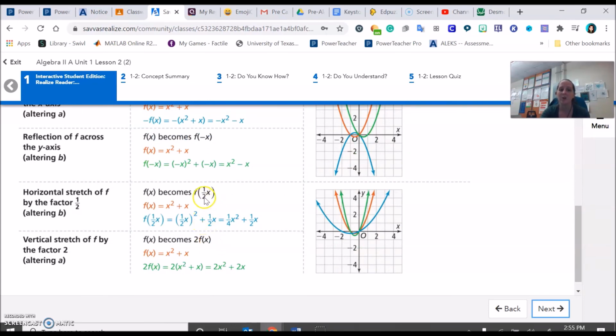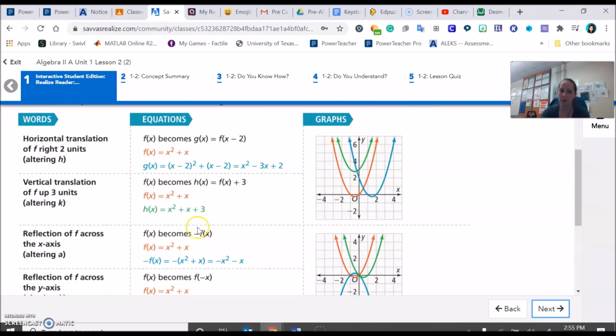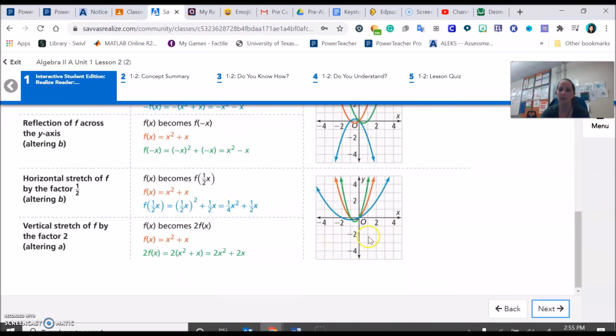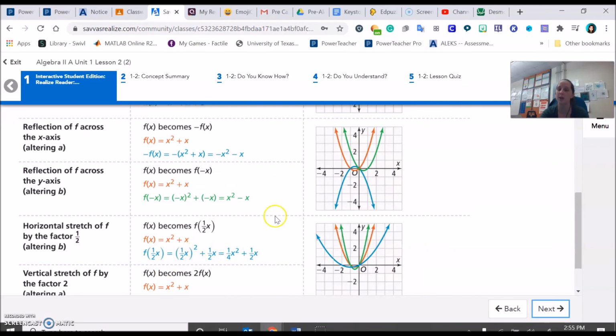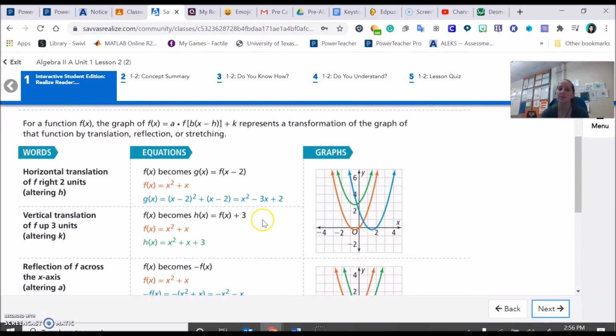The horizontal stretch, so a factor of 1/2, vertical stretch, outside. So inside's horizontal, outside's vertical. Same here. Inside's horizontal, outside's vertical. Okay, so that's probably something that you can remember. Inside's horizontal, outside's vertical. Okay, if you're multiplying, it's a stretch or a compression. If you're adding and subtracting, it's a horizontal shift or a vertical shift.